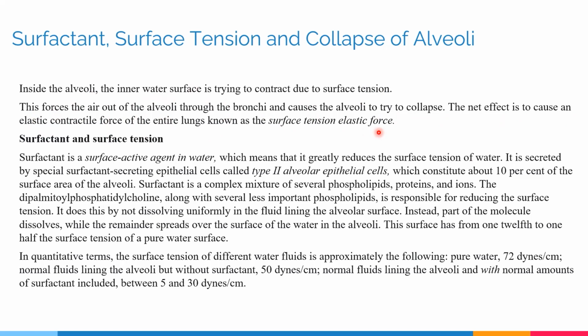So you can consider the water droplet. Water droplets always form a spherical structure. The reason behind that is that on the surface of the water droplet, there is an air-water interface. This air-water interface subjects the water molecules on the surface to a surface tension.